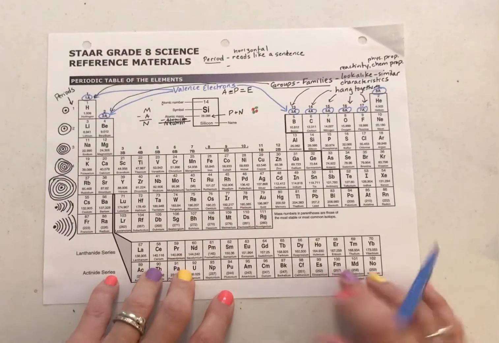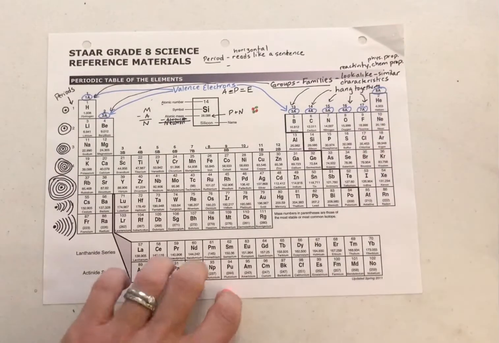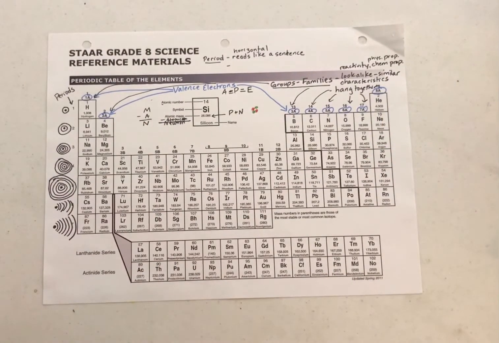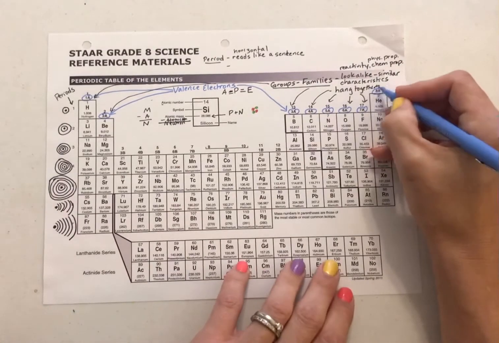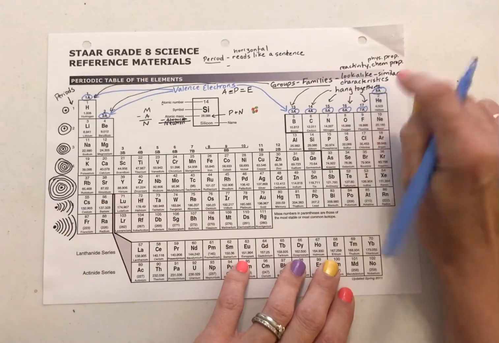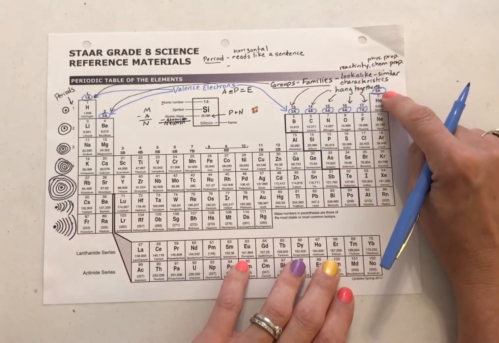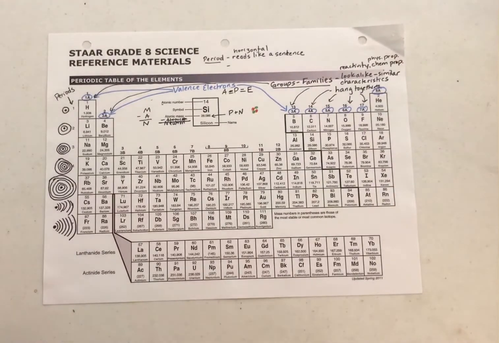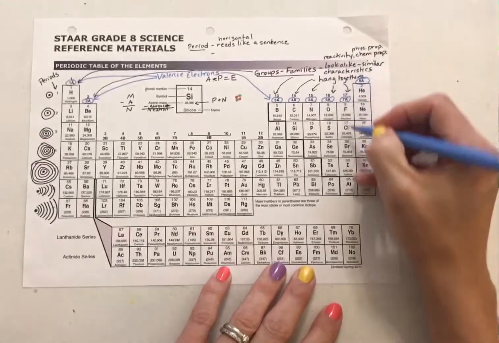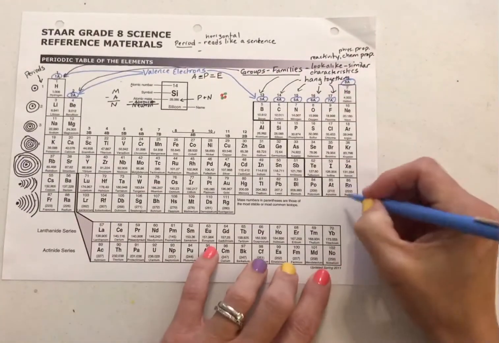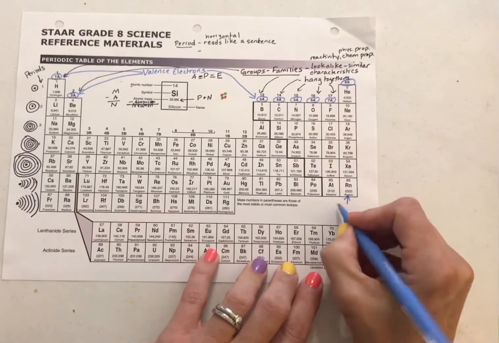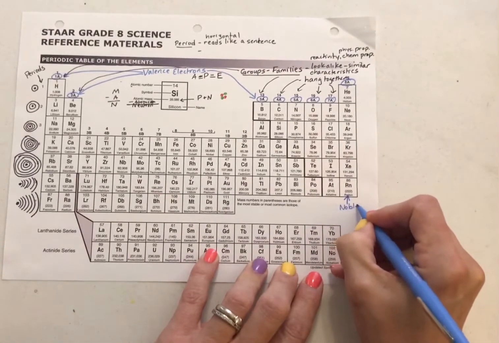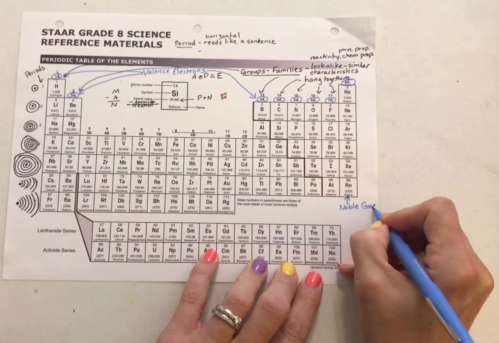Now remember, valence electrons determine the reactivity of an atom. So if an atom has 8 valence electrons, then it sort of behaves as stable or full. It's non-reactive. So this group right here, group 18, is called the noble gases. You definitely need to know that.